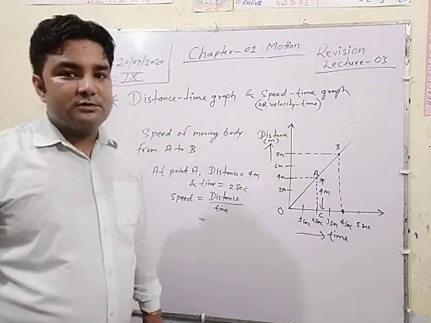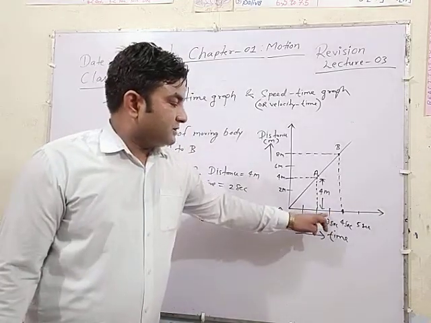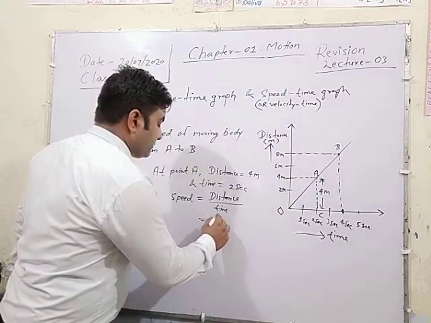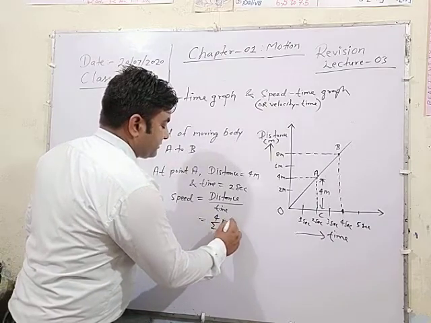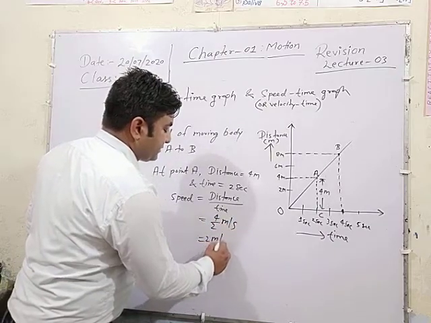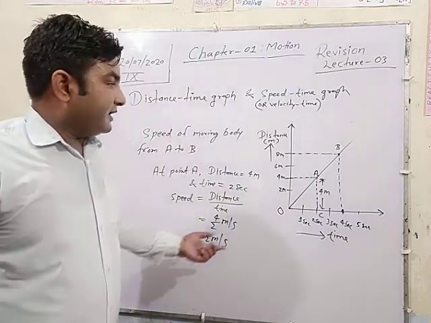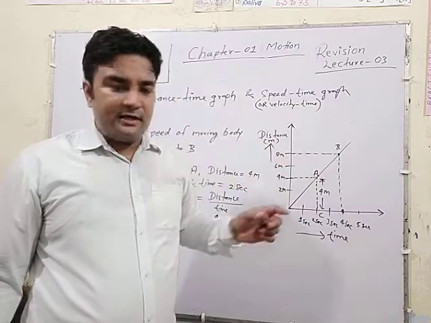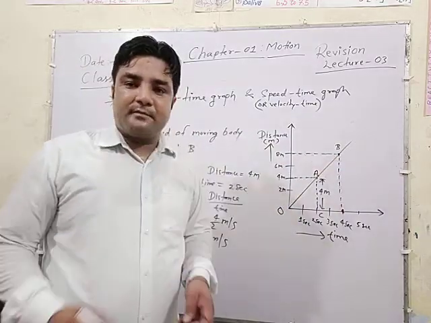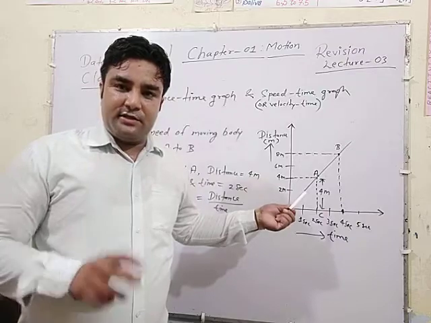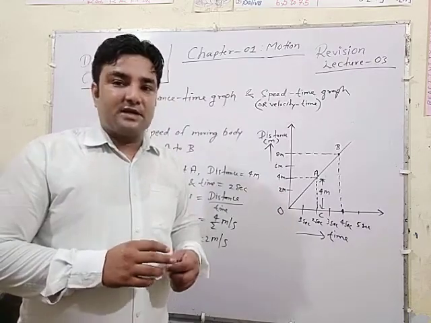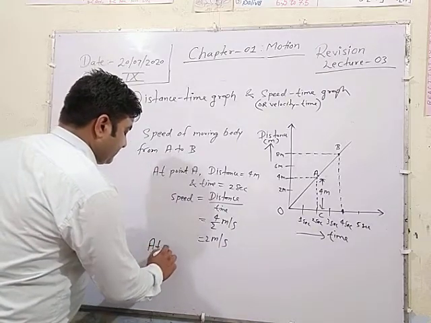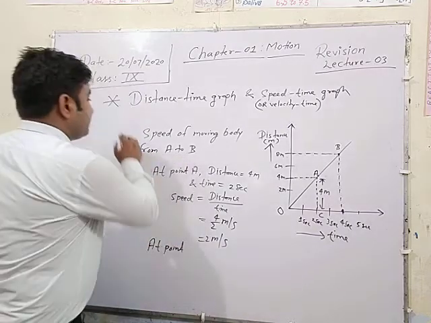So 4 upon 2 meter per second is equal to 2 meter per second. If the speed at point B is the same, 2 meter per second, it is clear that the graph of this motion is uniform. This is the numerical concept.